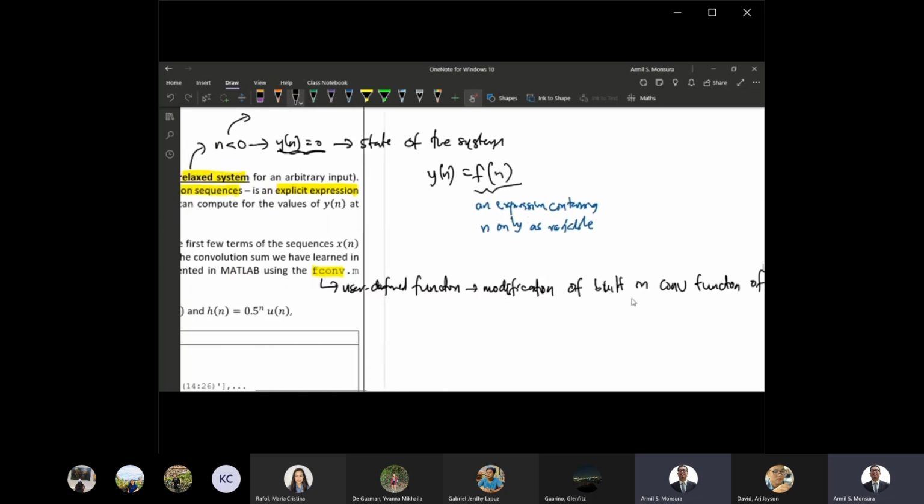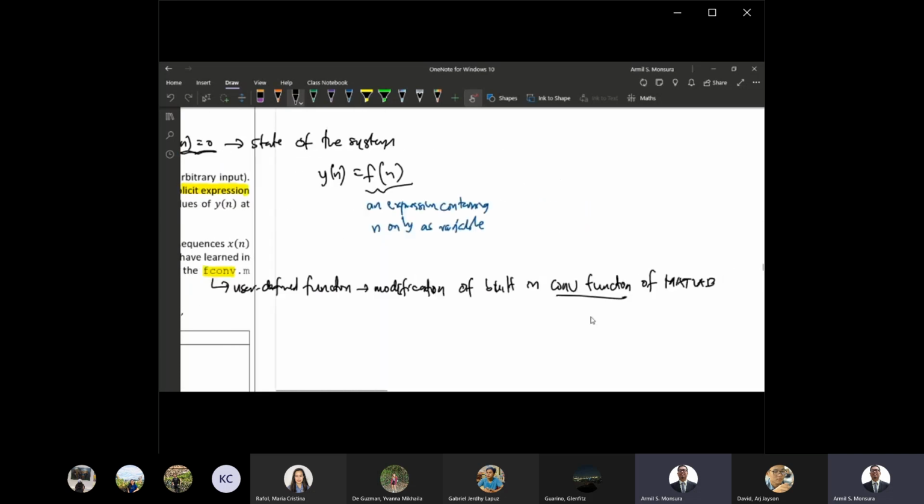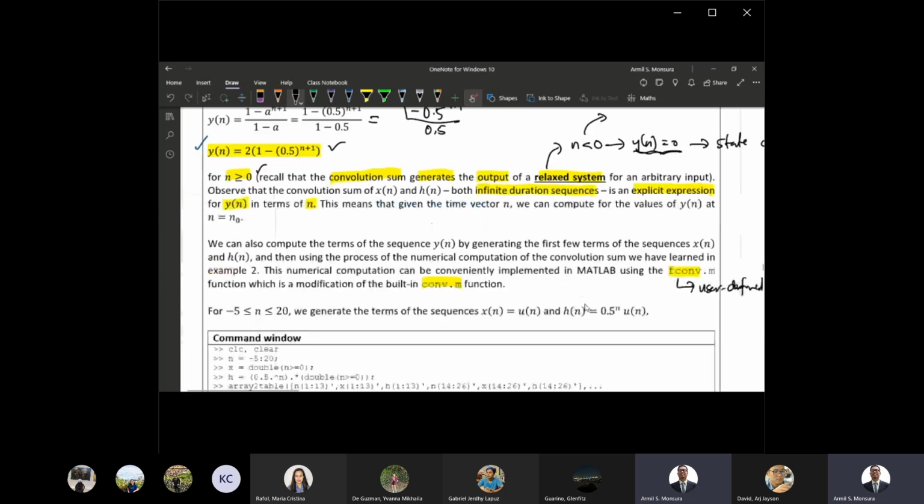So essentially, ang CONV function, it actually computes the convolution sum of two sequences. Okay. Medyo i-modify lang natin siya para kasabay na mailagay din natin yung indices nung input sequences natin, tsaka nung output sequences natin.